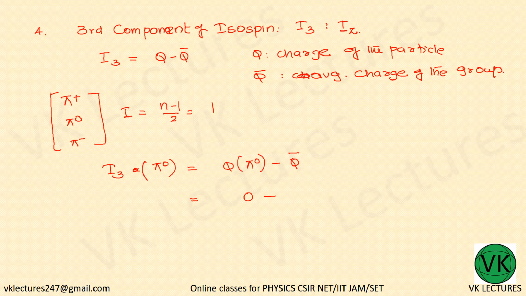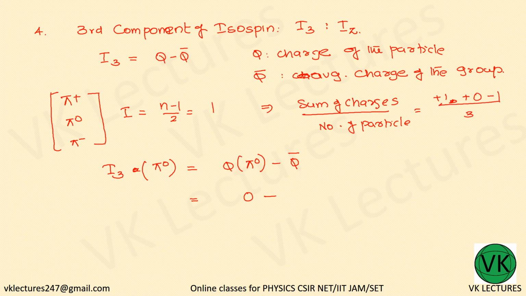Average charge means the sum of charges divided by the number of particles. The sum of charges is plus 1 plus 0 minus 1, divided by the number of particles, which is 3.